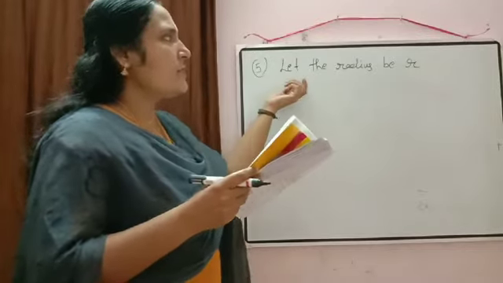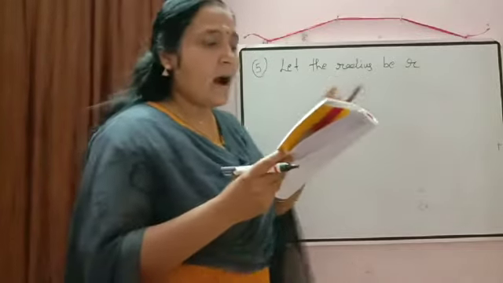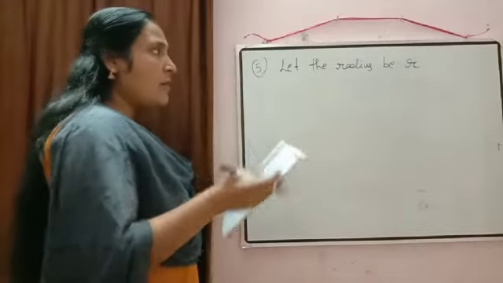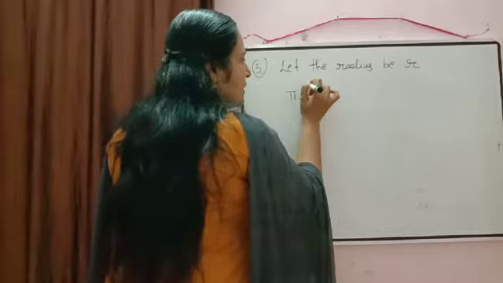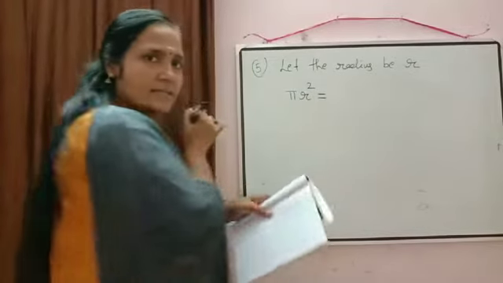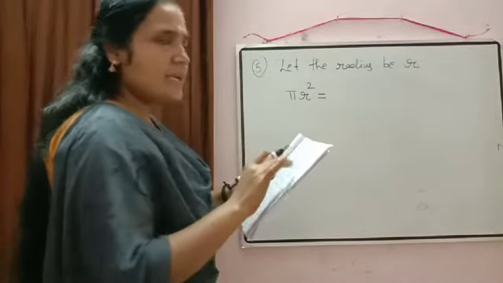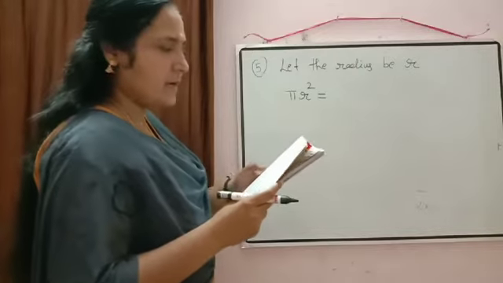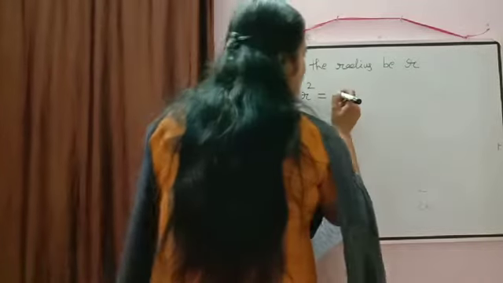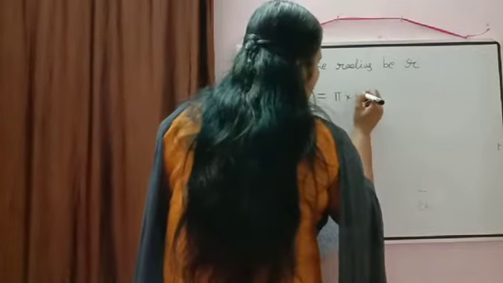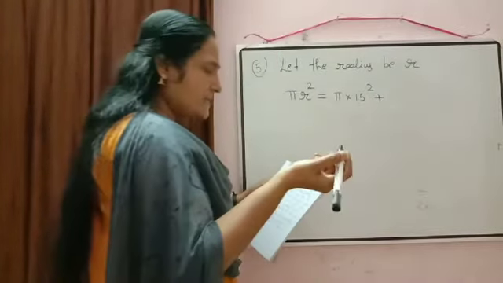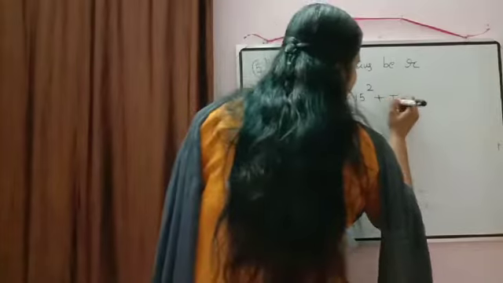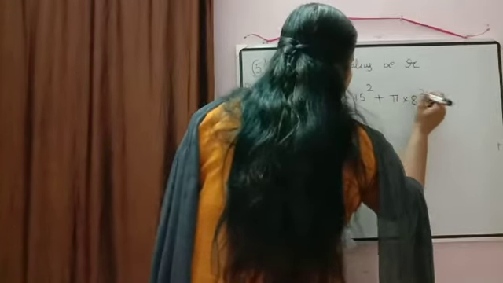So again first, let the radius be r. The area of our required circle with radius r will be pi r square, equal to the sum of the areas of these two circles. The area of the first circle is pi into 15 square, plus the area of the second circle, pi into 8 square.